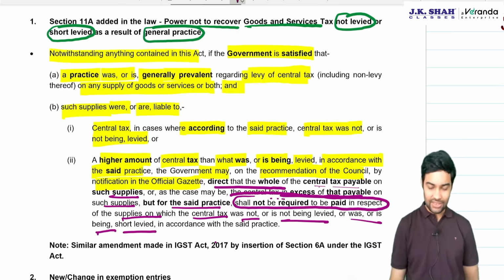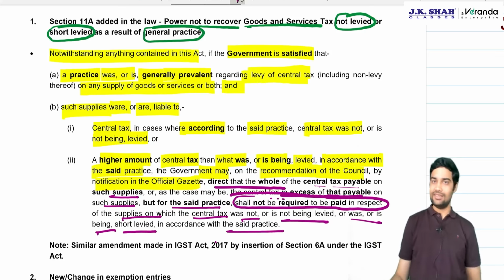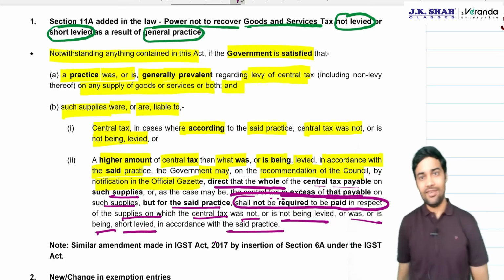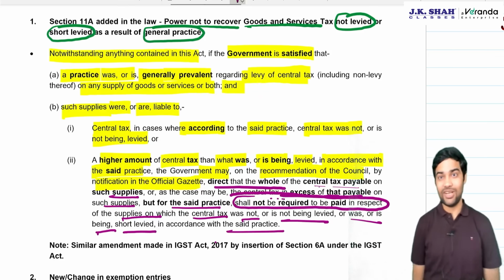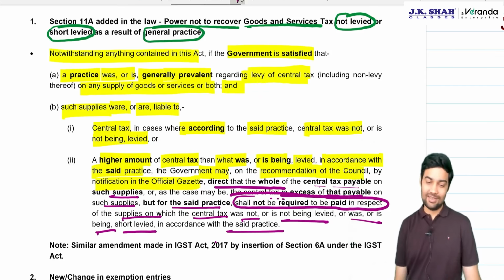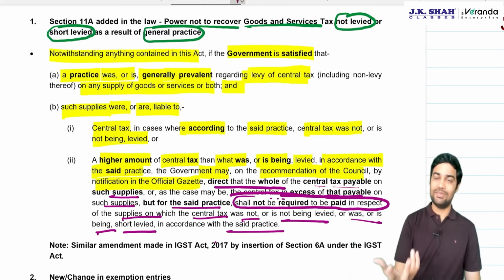Earlier, short levy was happening on the said practice, so that short levy will be cleared. Yes, this is a very good point. Government can use this power to waive off something here.